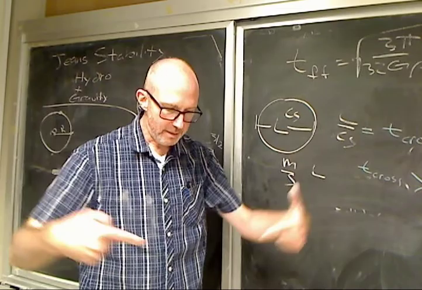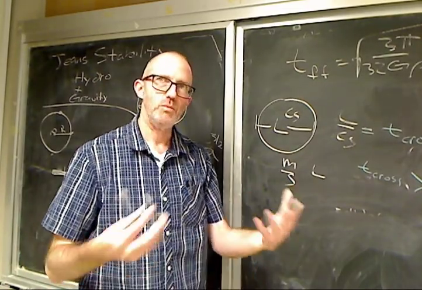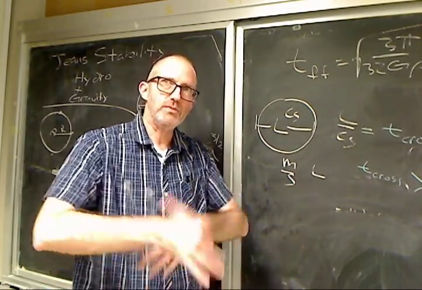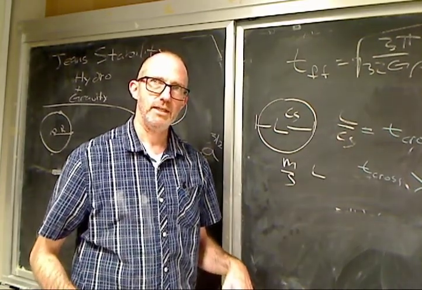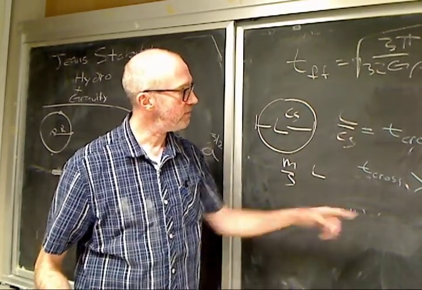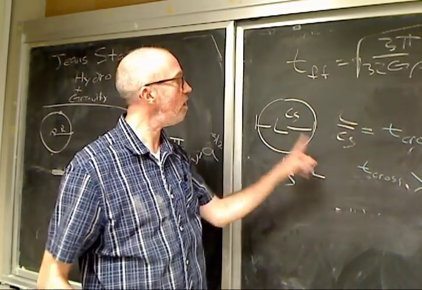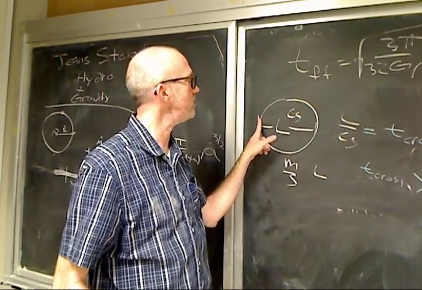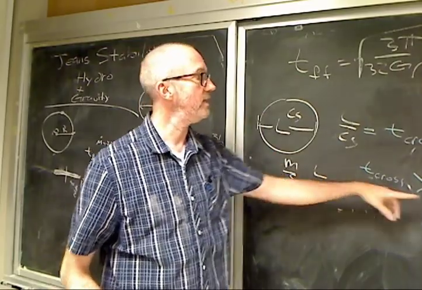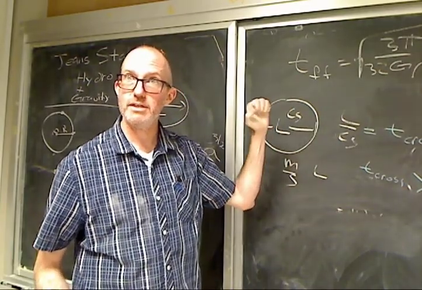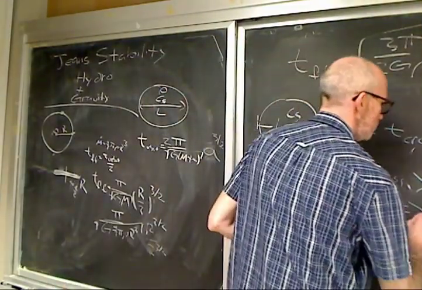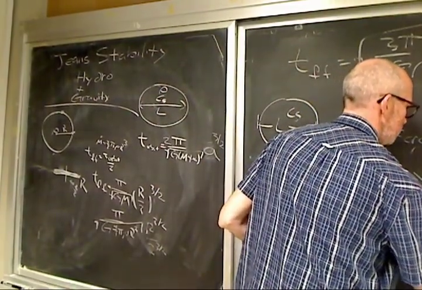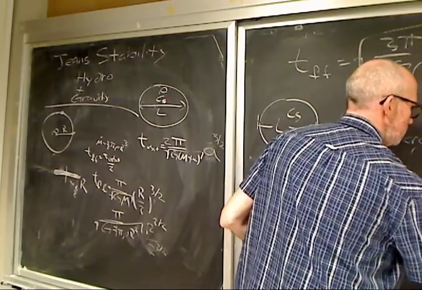Gravity is going to make it collapse in one time scale. Pressure waves will wash out that density on another time scale. If it takes longer for a sound wave to go from this side to this side and wash out the density than it takes for the whole thing to collapse, then you're in trouble. So then you're unstable. So this implies instability.